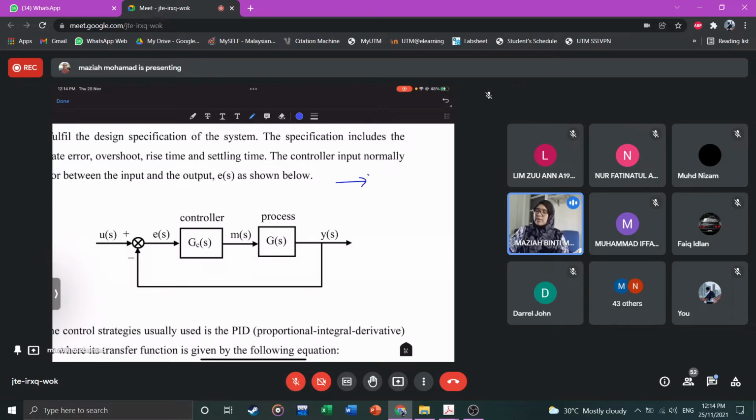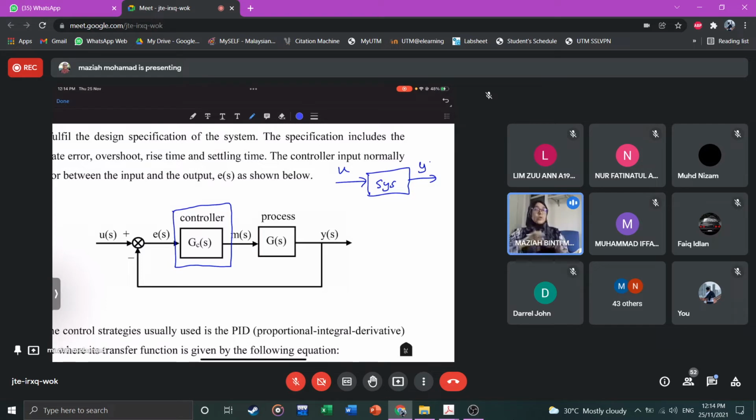Instead of having the system and getting Y by applying U, you apply that, then you see the behavior is not what you want. So in order to repair or improve the behavior or response of the system, we're going to add a controller.